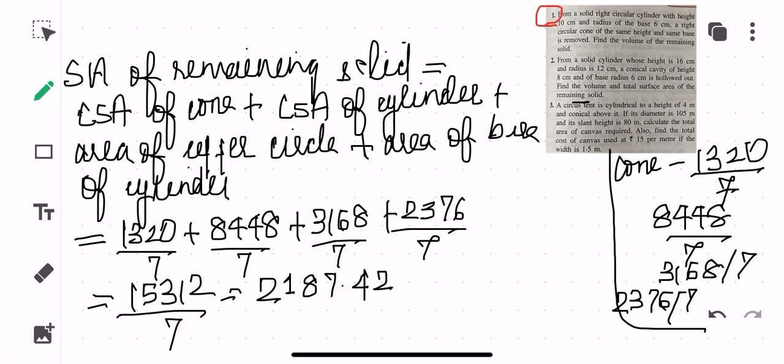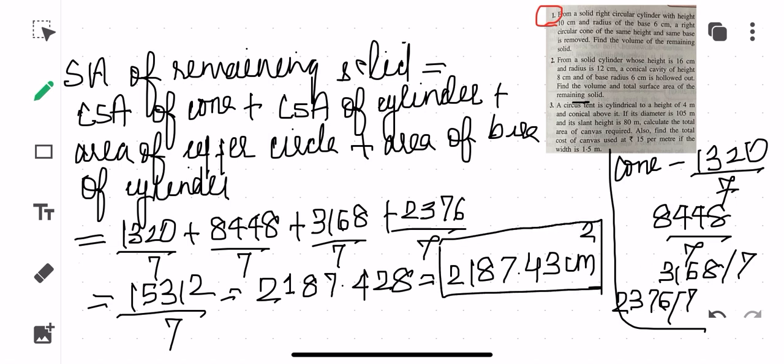Then again we have 60, which comes out to be 8. So if you want to round that off, it is coming out to be equal to 2187.43 centimeter square. Okay, so this is the surface area of the remaining solid.